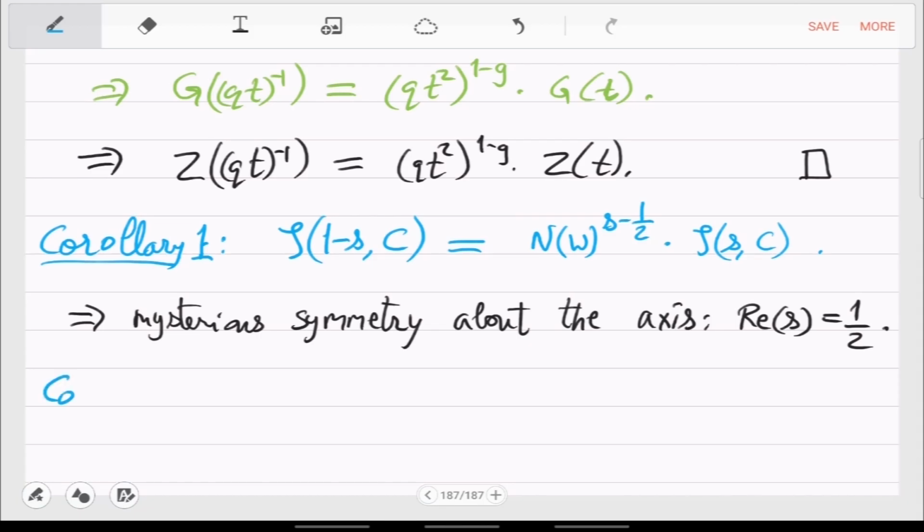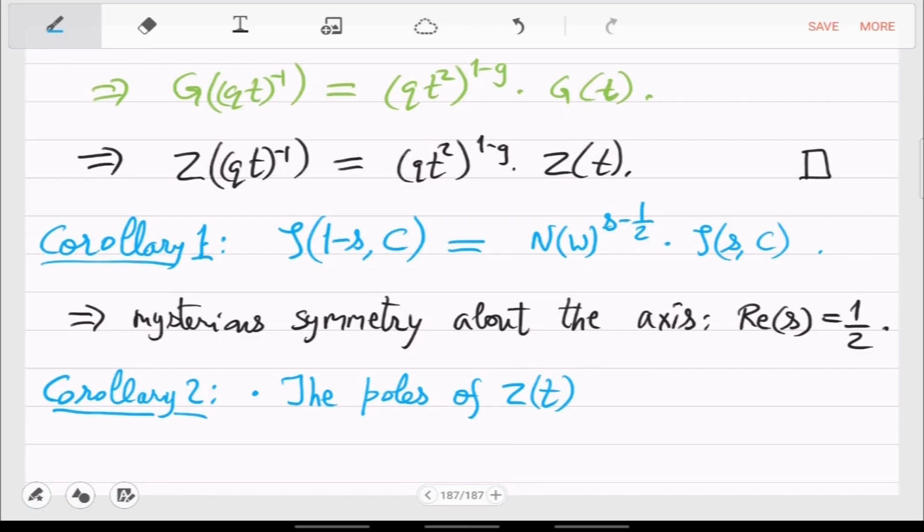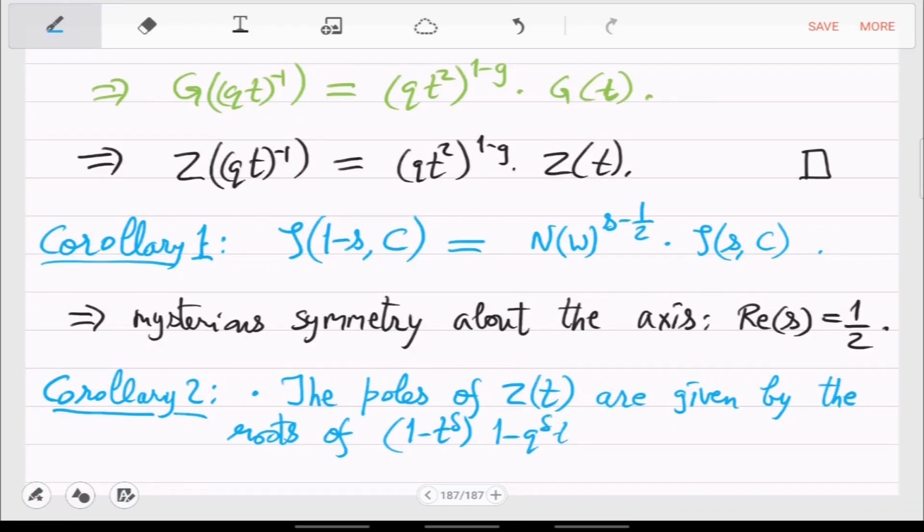Yeah, the second corollary is, so the poles of Zt are given by the zeros of 1 minus t raised to delta, 1 minus q raised to delta, t raised to delta equal to 0.